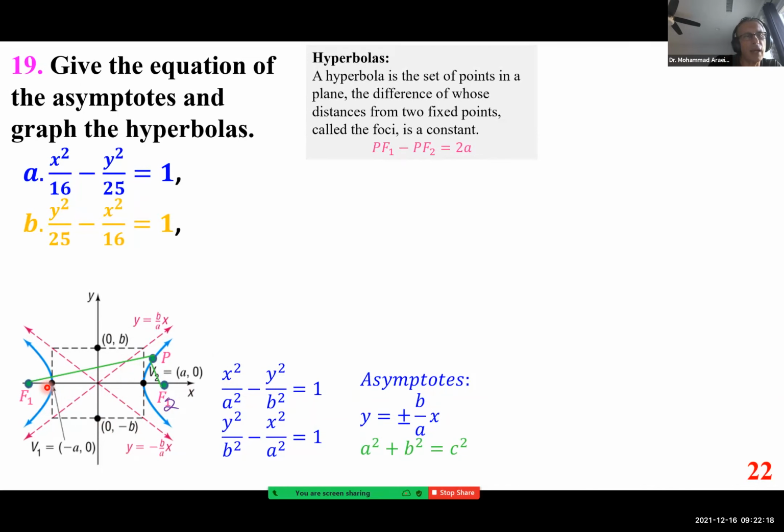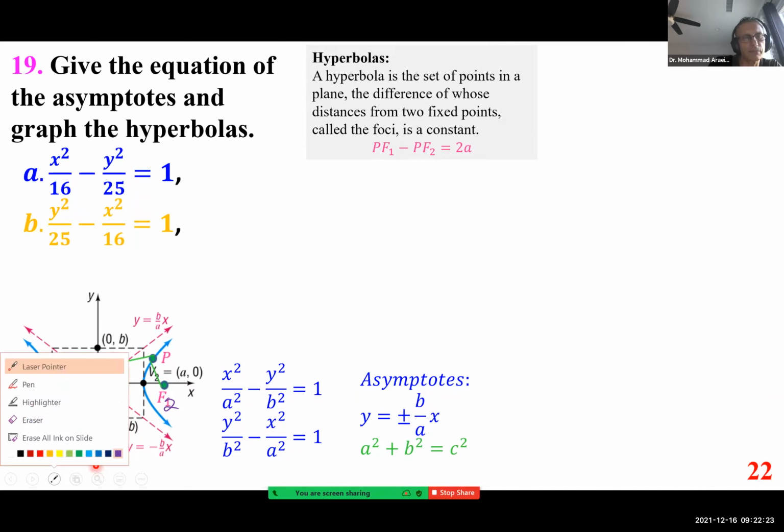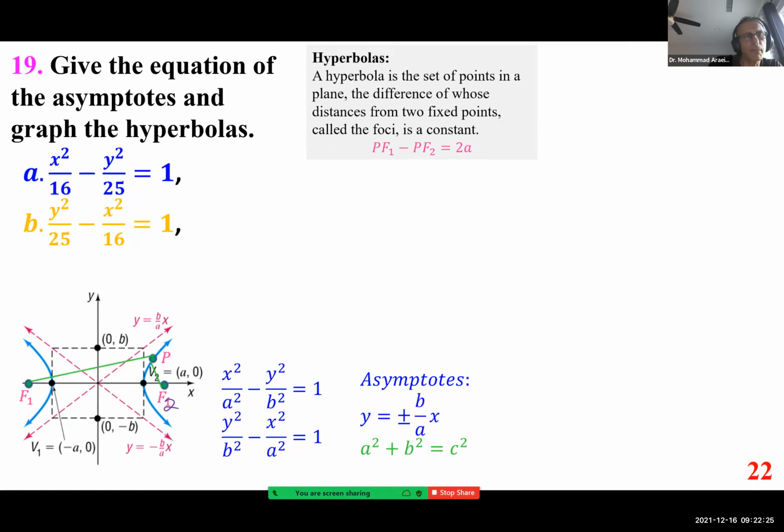But if we happen to have it in this format, then it'll look like that. This is for this case. And again, I want to keep the b squared under y squared, so everything is the same. What changes in this case? It opens up and down, in which case the vertices are at 0, b and 0, negative b.